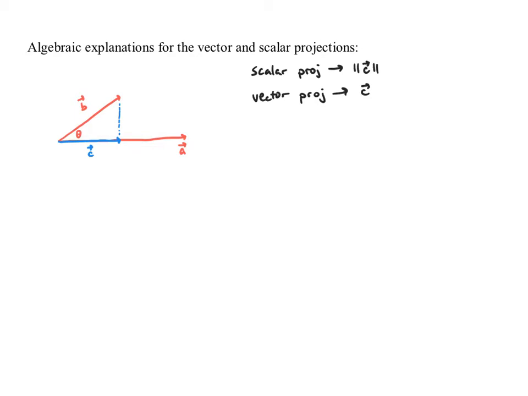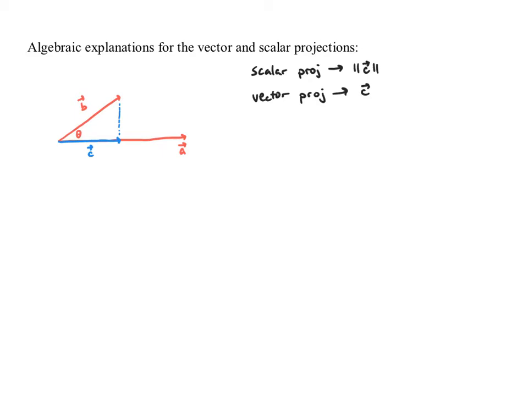So we want to look at the vector components as well as the magnitude itself. We know the direction. The direction is going to be directly in the same course as A, but we want to know what's going on with the magnitude and the actual components of that particular vector.